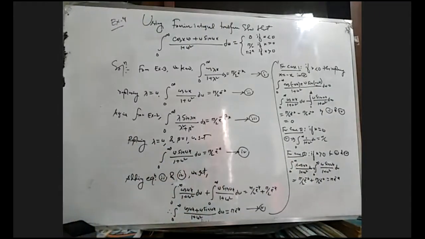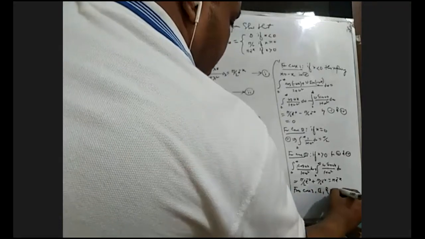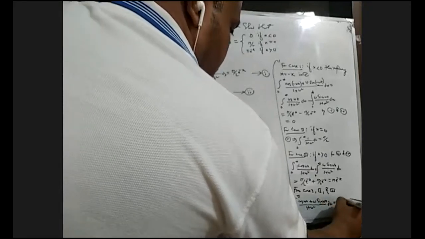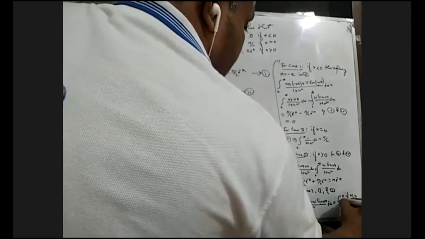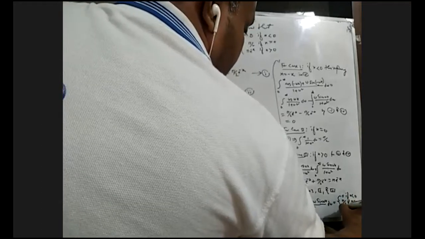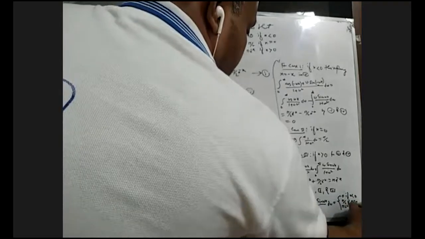Hence, from all cases 1, 2 and 3, we can write the integral from 0 to infinity of cos omega x plus sin omega x divided by 1 plus omega square equals 0 if x less than 0, pi by 2 if x equals 0, and pi e to the power minus x if x greater than 0.